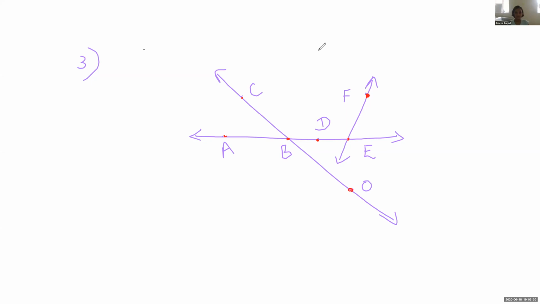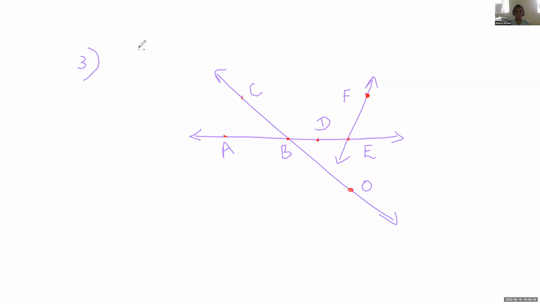There is a line containing point E. Which is the line containing point E? Line AE and line FE. Where is S here? There is no S. Ma'am, F. Okay, fine. So line containing point E, you can write AE, this line.